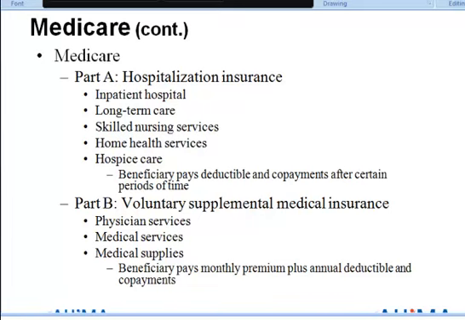Basically, Part B would cover physician services, medical services, and medical supplies, or basically the bulk of what is not covered under Part A. Most of these things are provided on an outpatient or ambulatory basis. In addition to that monthly premium, patients are responsible for a deductible and for co-payments. There is also a table in your book, Table 4.2, that outlines Part B services.